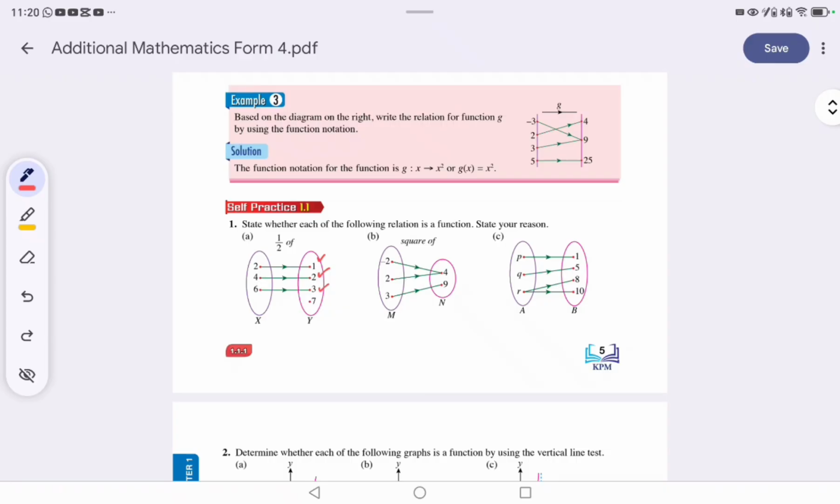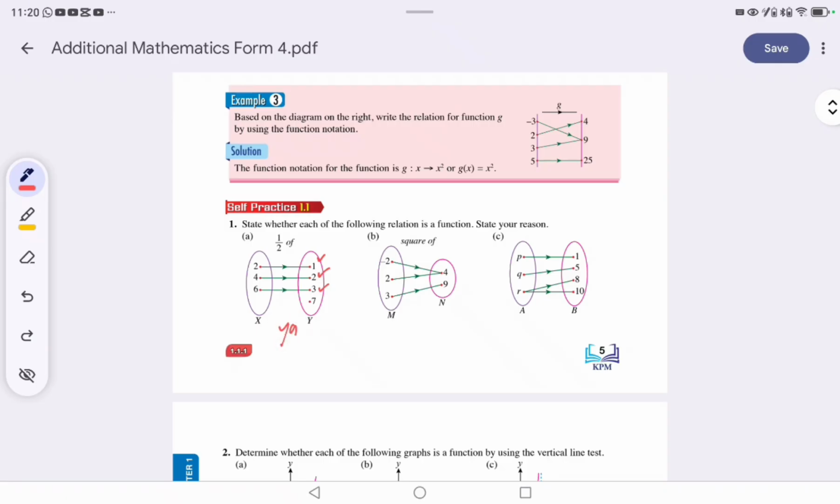Before that, teacher wants to read this question in Malay also. Nyatakan sama ada hubungan yang berikut ialah fungsi atau bukan. Beri alasan anda. So here you can see, sini kamu boleh lihat fungsi 1 kepada 1. 1 to 1. So consider this one is the function.